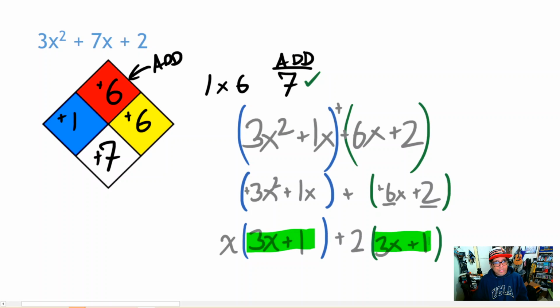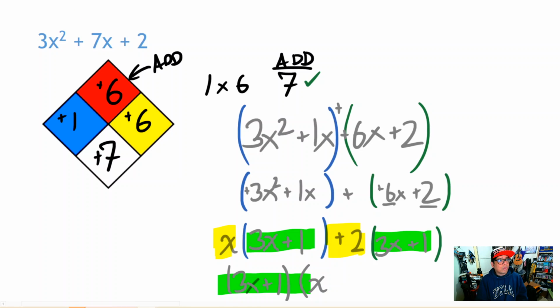This and this are the same. So we're going to write them together, factored out, 3x plus 1. And then what's left over after I've factored them out? Well, I have an x and I have a 2.